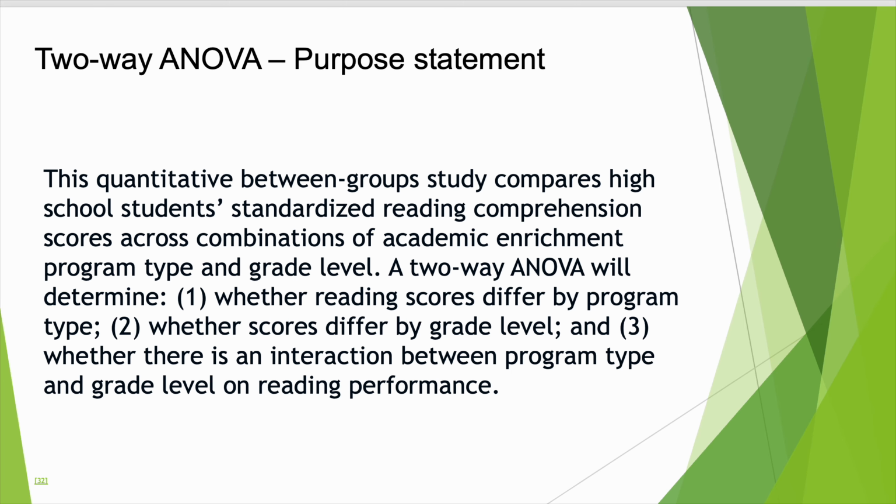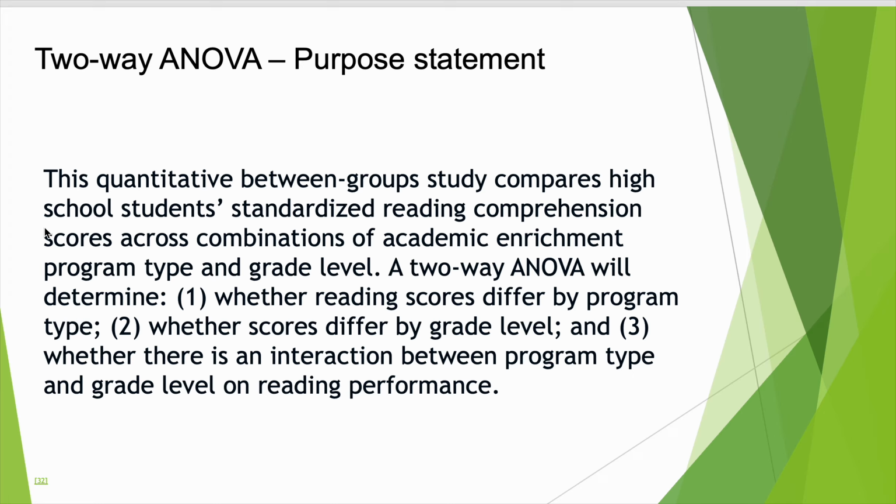If I was writing my purpose statement for this, I would say this quantitative between groups, not between subjects, between groups, compares who? High school students, reading comprehension score, there's my dependent variable, across, and then we use the word combinations.